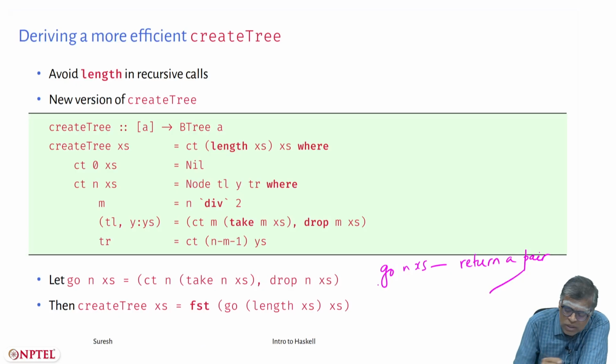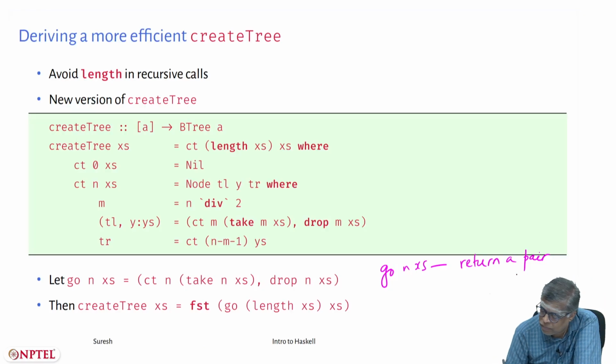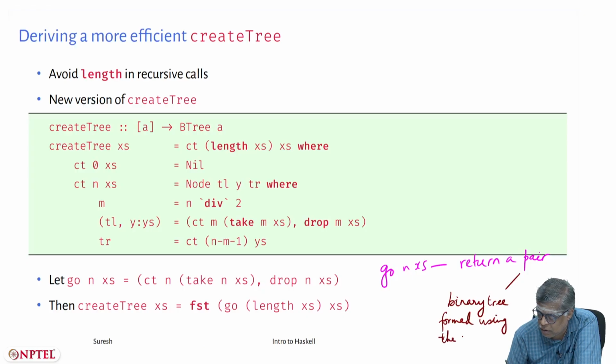One part of the pair is the tree, and the other part of the pair is drop n xs.